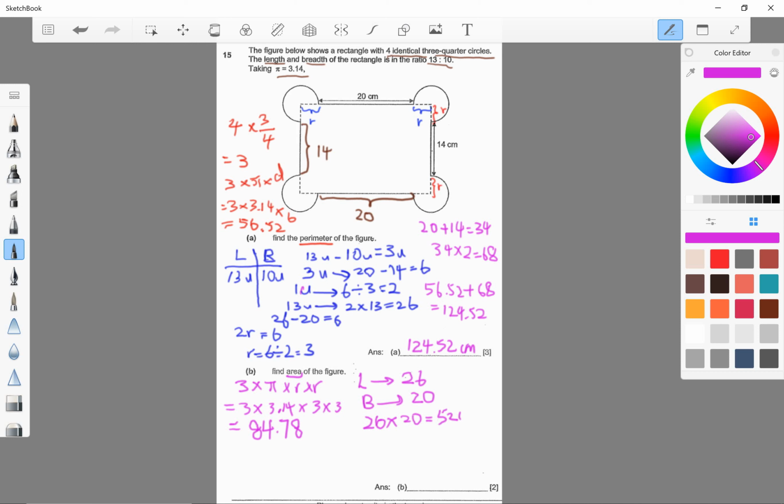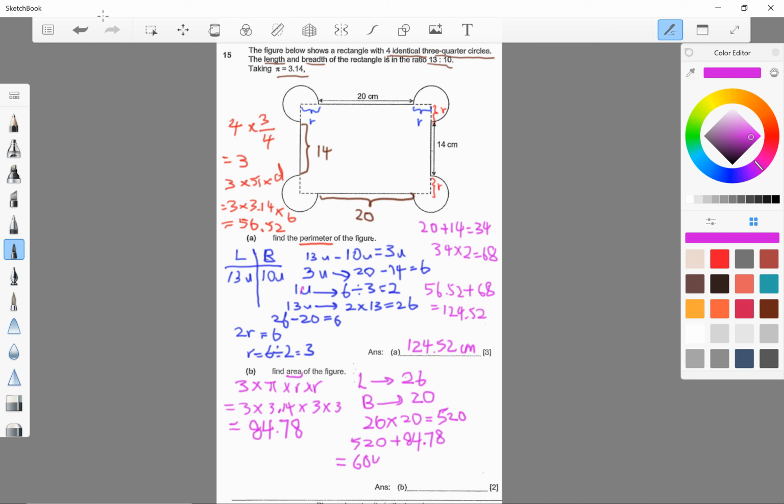So 520. The very last and final step is to add up 520, the area of the rectangle, with the area of the 3 whole circles that was contributed by the 4 times of 3/4 circles. So 520, if I were to add 84.78, it will get me to 604.78.